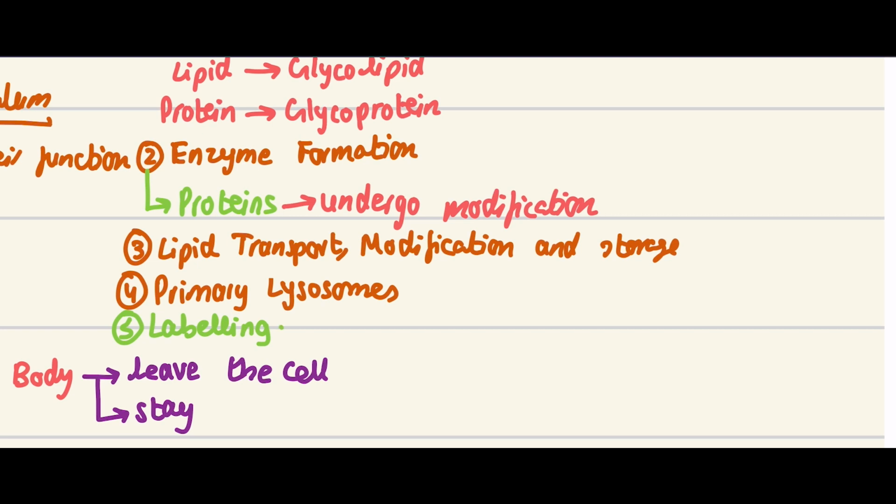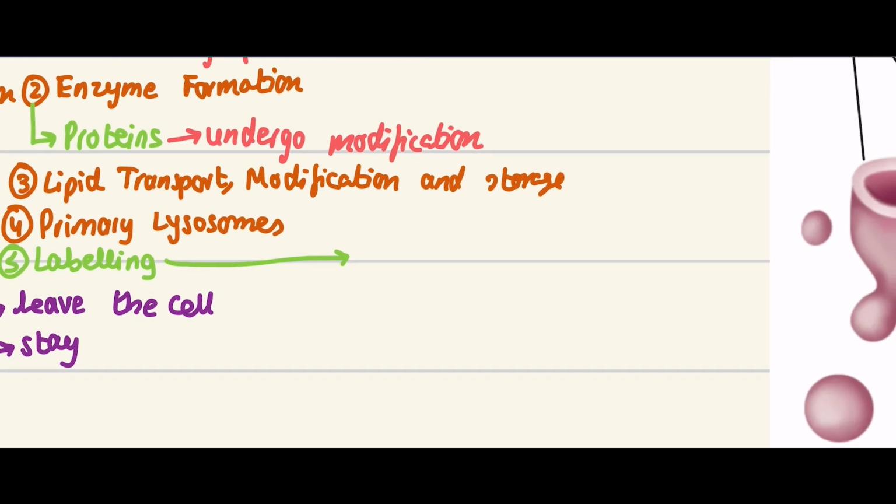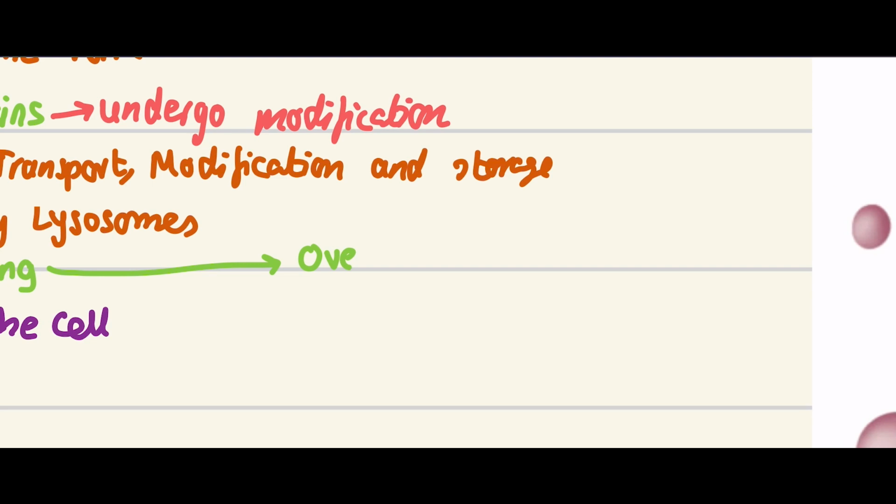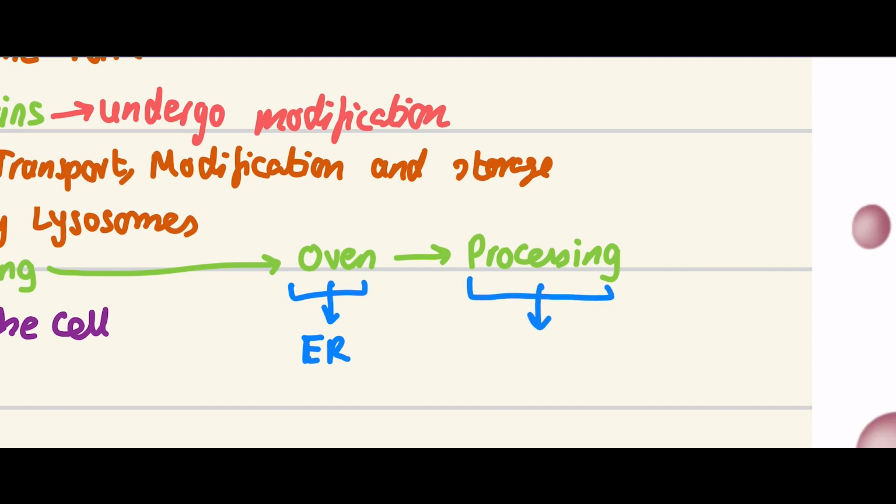And let's just go with the pizza example. So I had the oven, I had the processing desk where I'm going to cut the pizza, put on olive oil or whatever. The oven is going to be the endoplasmic reticulum, the processing phase is going to be the Golgi body. So over here I'm going to do one more thing.